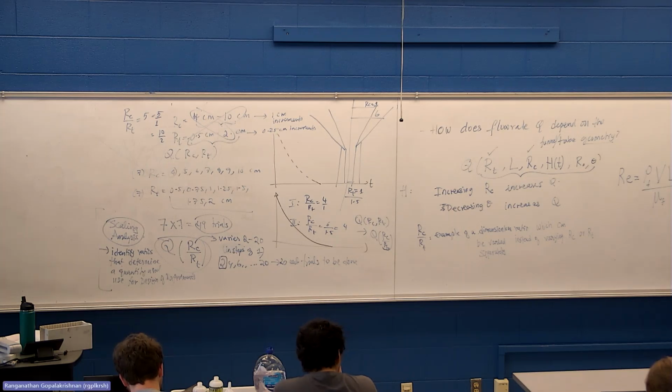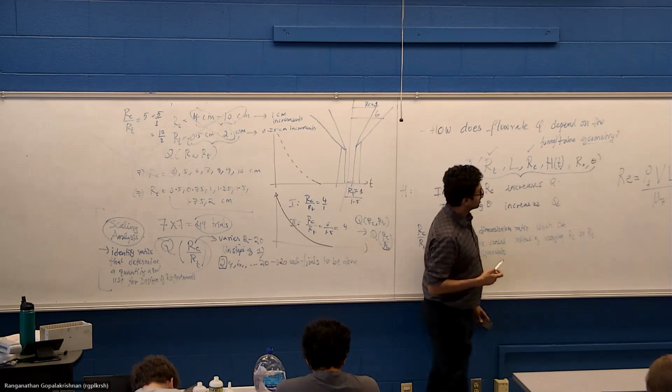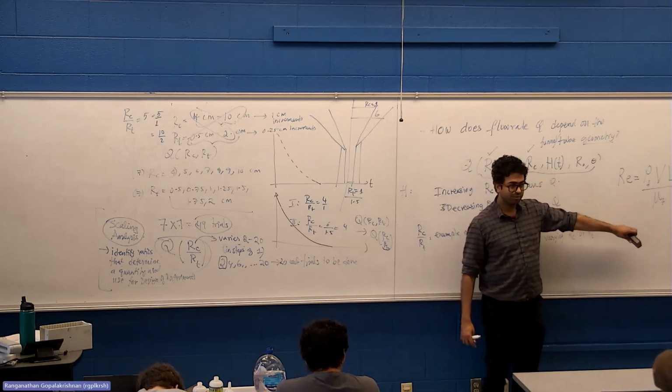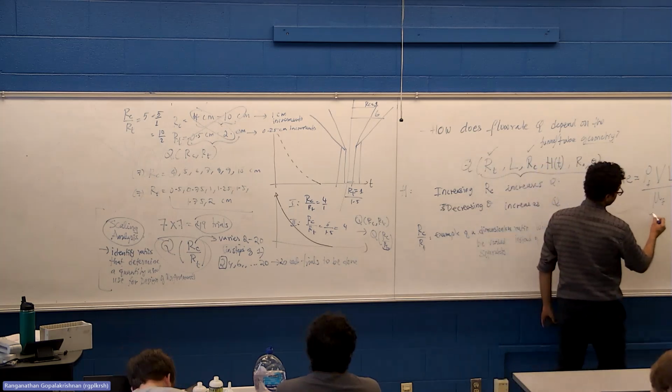They invented numbers like these because what people who worked on this before us understood is, you can take the equations of fluid flow and if you scale it, it only depends on this Reynolds number.